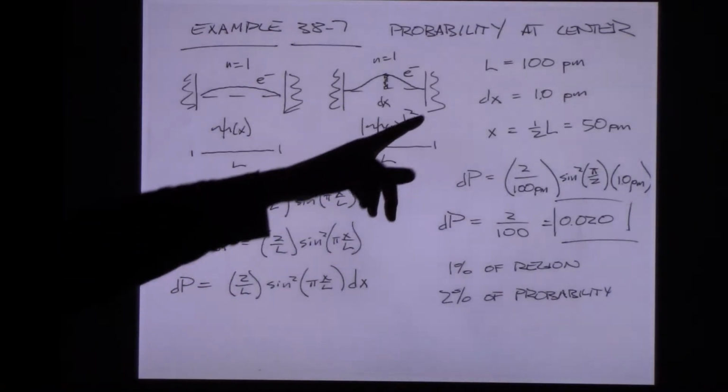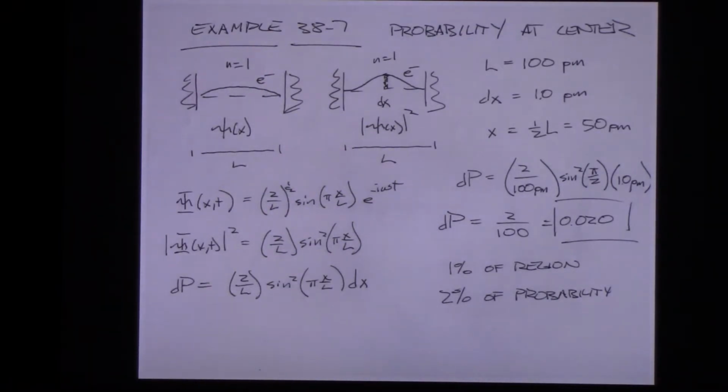Now, it only contains 1% of the width, but just by looking at it, you can see that it's going to contain more than its share, more than the average amount of the probability.